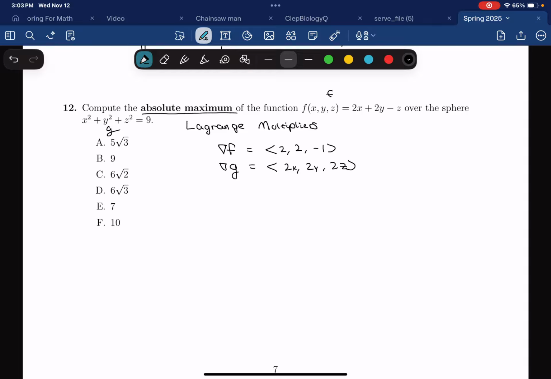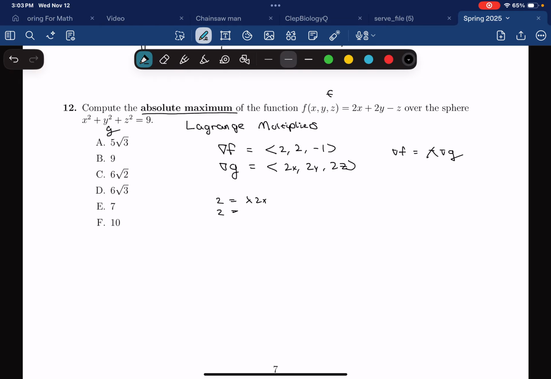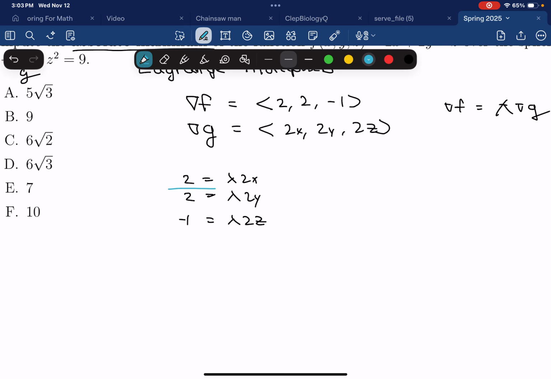So now we set the gradient of f equal to lambda times the gradient of g. So 2 is equal to lambda 2x, 2 is equal to lambda 2y, and negative 1 is equal to lambda 2z. So I'm going to evaluate x and y first. If we divide these, the 2's cancel out, and the lambda 2's cancel out, which gives you 1 over x over 1 over y, which means x is equal to y.